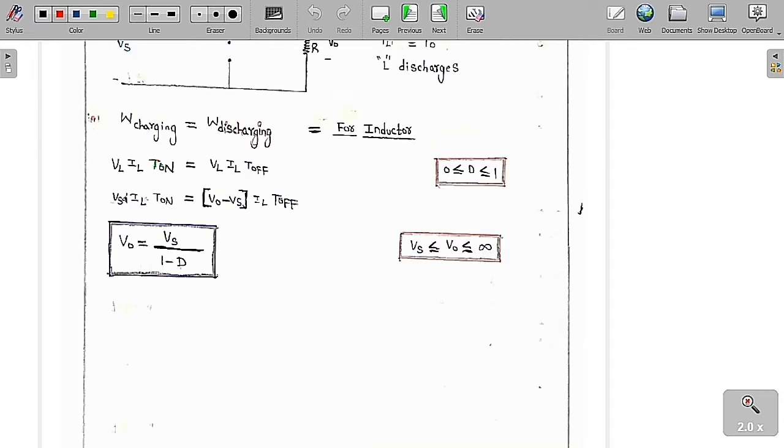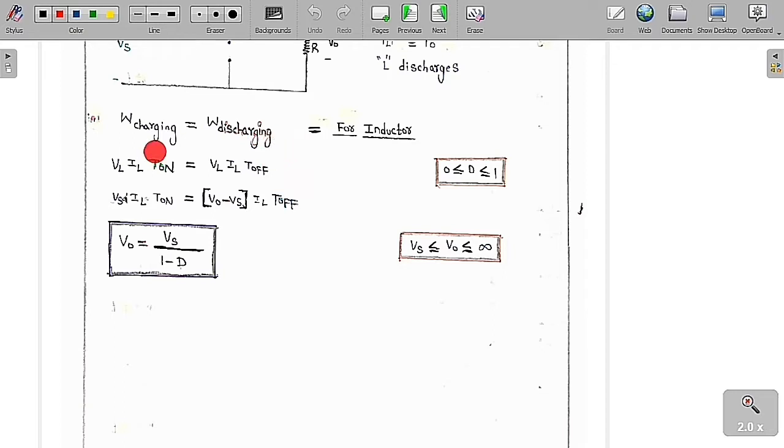Now I am going to apply a basic principle which is applicable to each and every circuit in the chopper. Whatever energy is stored in the inductor in the charging mode is equal to the energy delivered by the inductor in the discharging mode. So listen carefully.